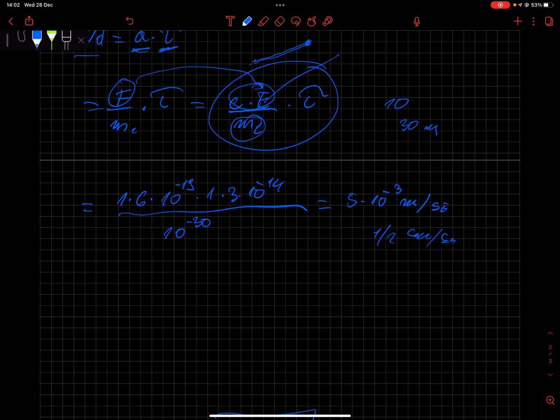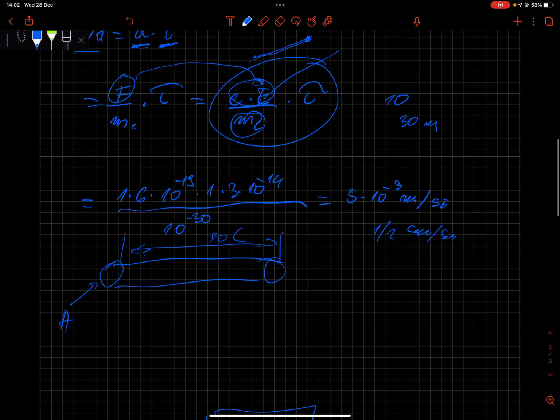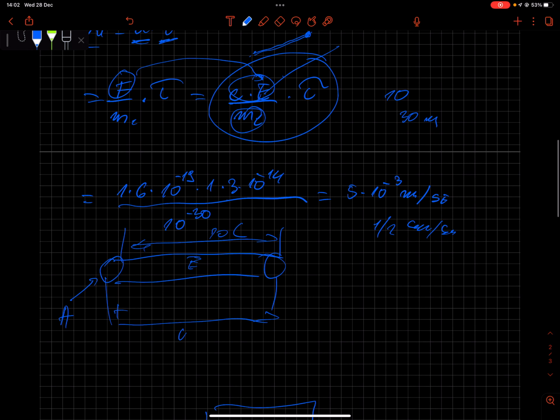Now let's try to derive Ohm's law. Let's say that we have a wire with some cross section A and some length L. It doesn't matter, it can be like 10 meters. When we apply some voltage difference at the end, we have an electric field, and electrons will start moving with this speed.